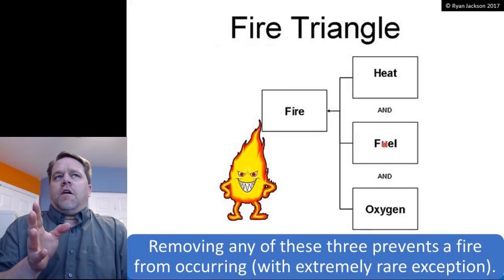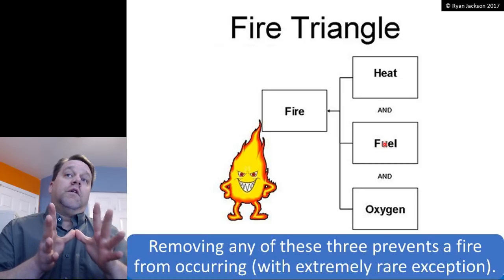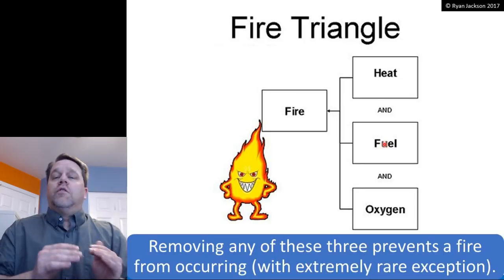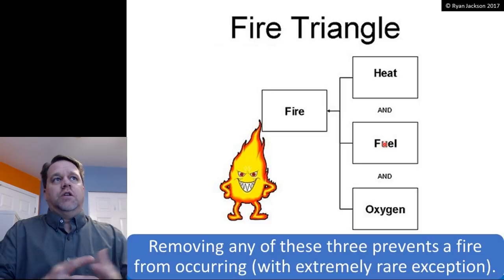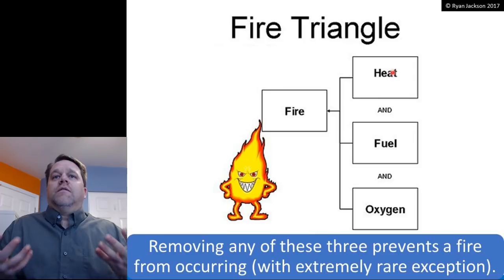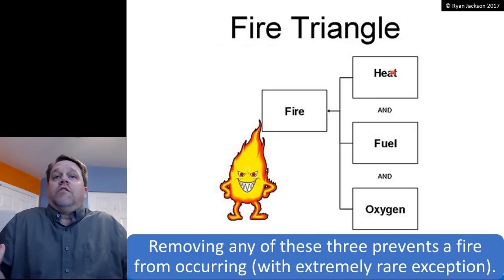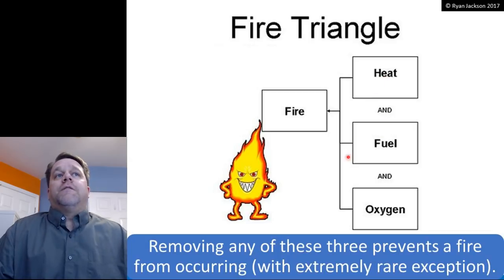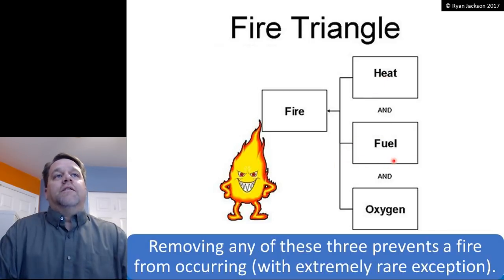The thing about the fire triangle is that if you remove any one of those three components, then the triangle collapses and we do not have the properties that are needed for combustion. So if I remove the heat, then I can't have a fire, right? If all I have is the fuel and oxygen but no heat source, then we're obviously not going to have ignition. If I remove the fuel, again, we're not going to have ignition.